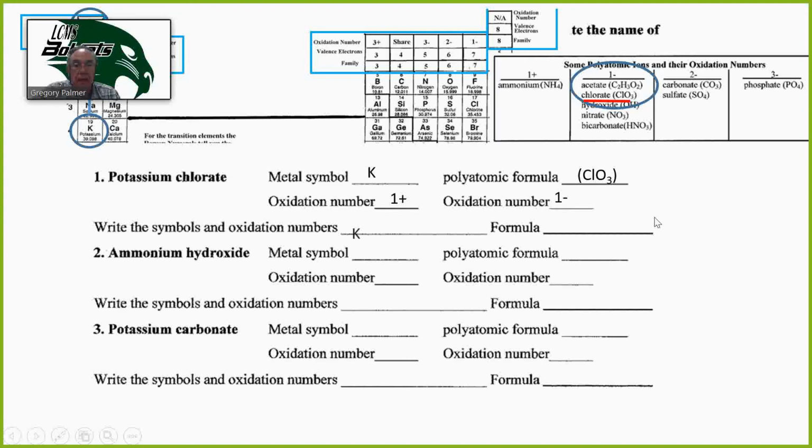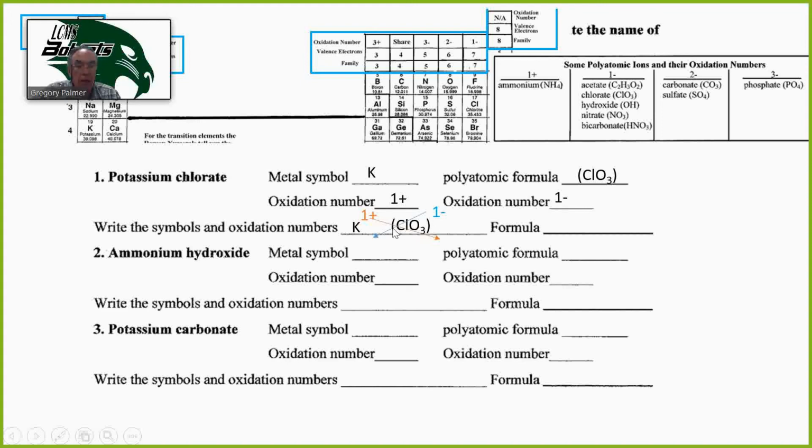Okay? So we write K with its 1 plus. ClO3, but it's 1 minus. We're going to take the 1 and stick it down over here by the K and drop the sign. We're going to take the other 1 and stick it down over here on the outside of the parentheses by the ClO3.